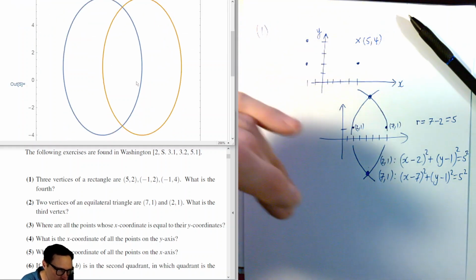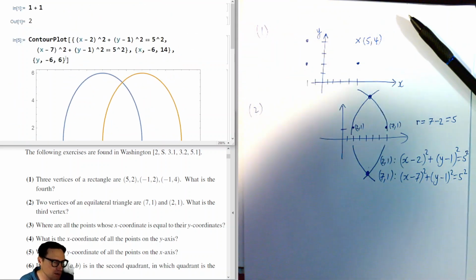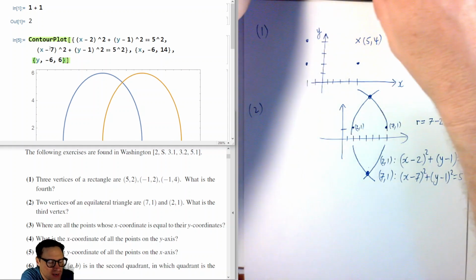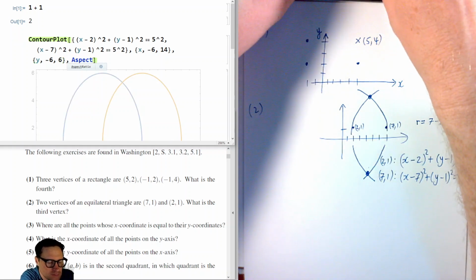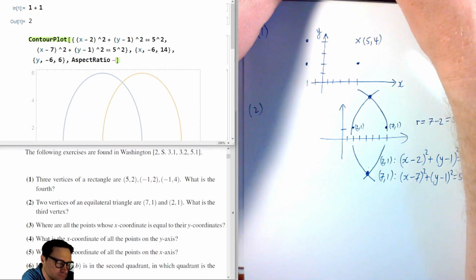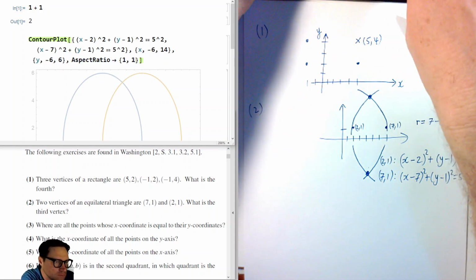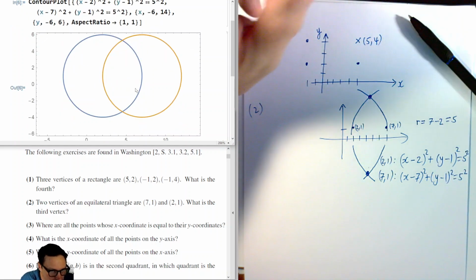Okay, so now they look like ellipses because I don't quite have the plot aspect ratio correct, so I'll change that. Okay, so now they look like two circles.